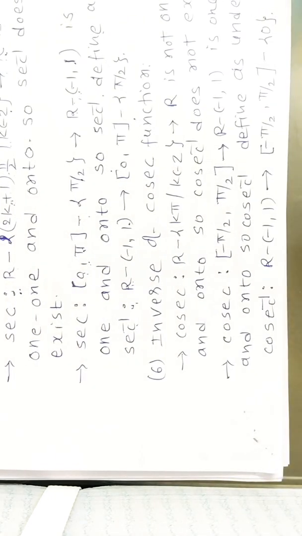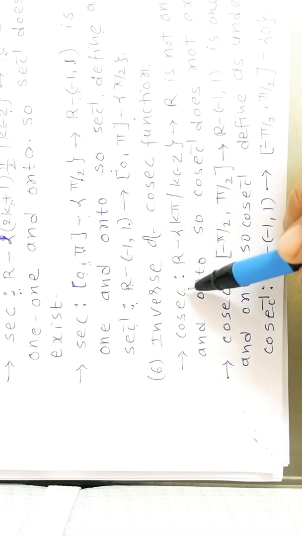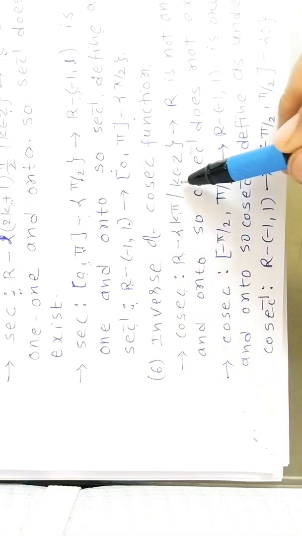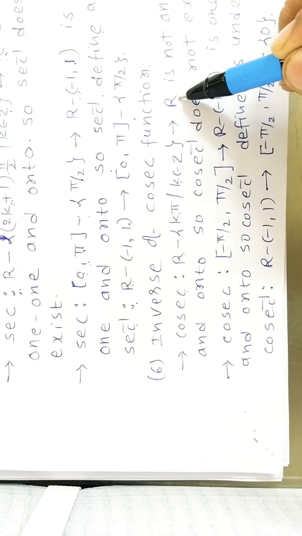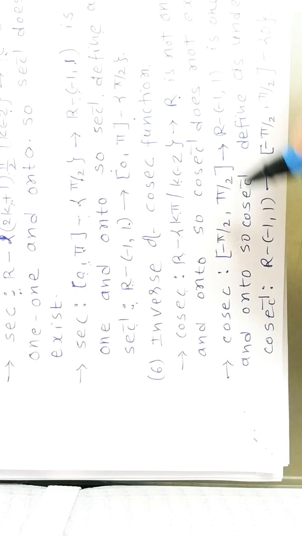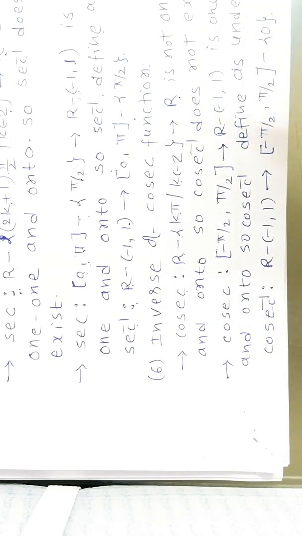Now the last function, inverse of cosec function. The domain of cosec function is R minus k pi, k belongs to Z, and the codomain is R. In this domain and codomain, function is not one-one and onto. So cosec inverse does not exist.